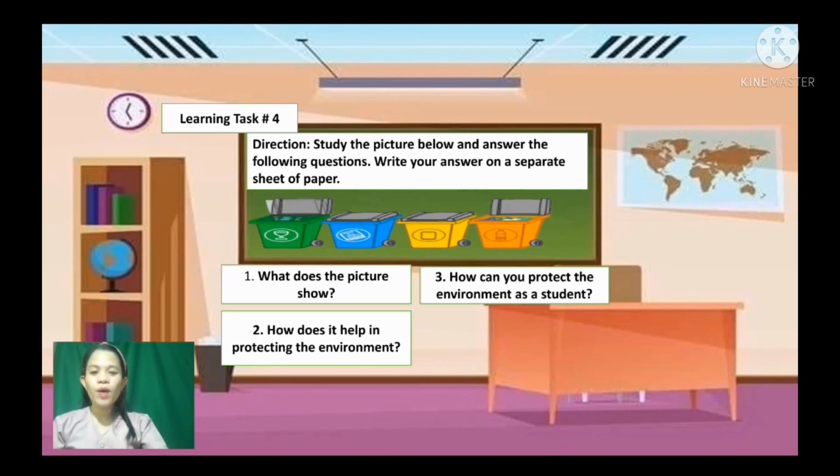So, number 2, how does it help in protecting the environment? For number 3, how can you protect the environment as a student? Okay. So, write your answer kung saan po kayo sumagot kanina sa learning task number 3, doon din po kayo sasagot ng learning task number 4 para hindi po magkakahiwa-hiwalay.